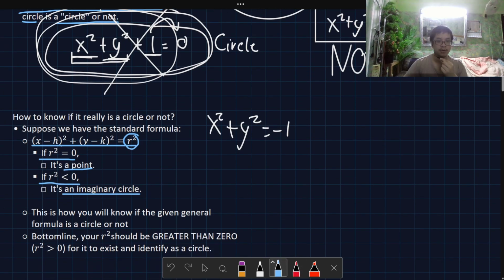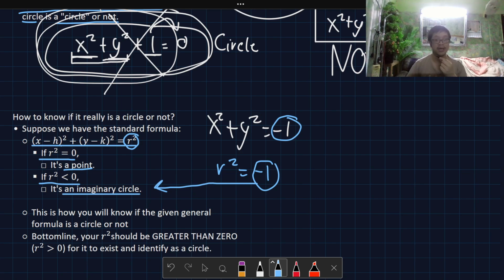If you take a look, r squared is on the right side of the equation, which is the constant term. R squared is equal to negative 1. Now, you see, negative 1 is less than 0. Therefore, we conclude that it's an imaginary circle. I mean, yes, it is a circle, but it's imaginary.